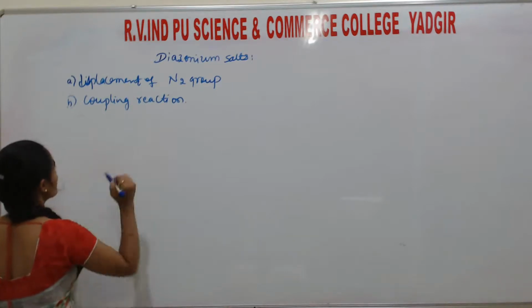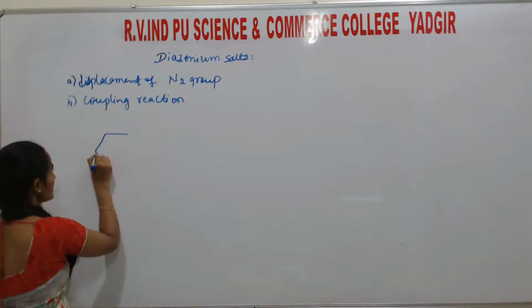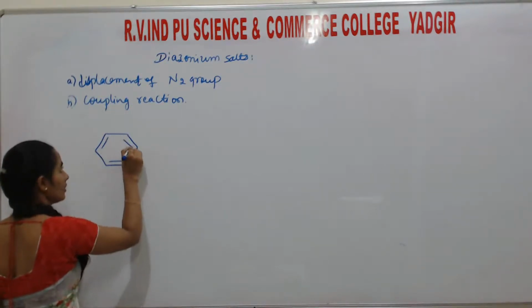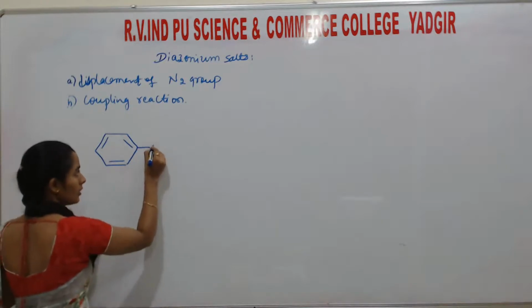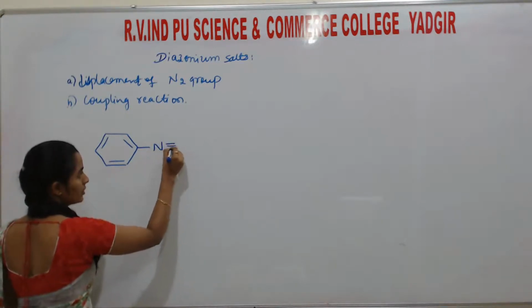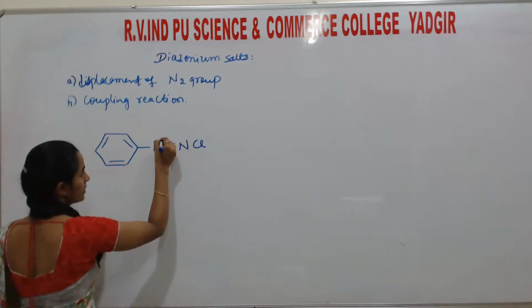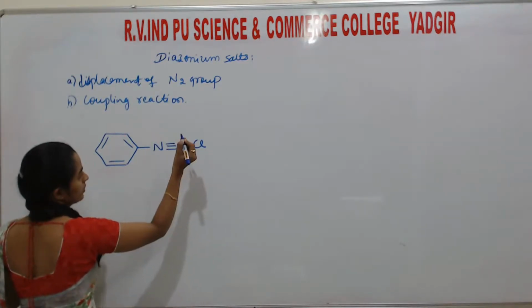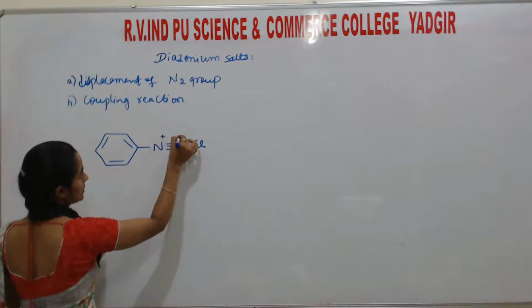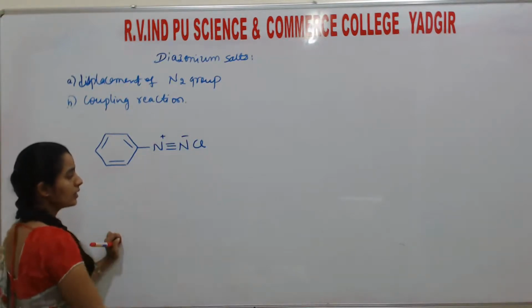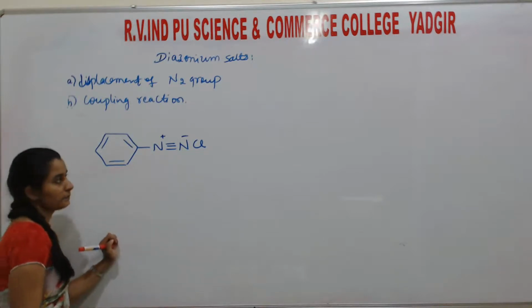This is C6H5, correct? N triple bond N Cl. This one is plus. This must be plus. This must be minus. Okay. So this is one type of coupling reaction.